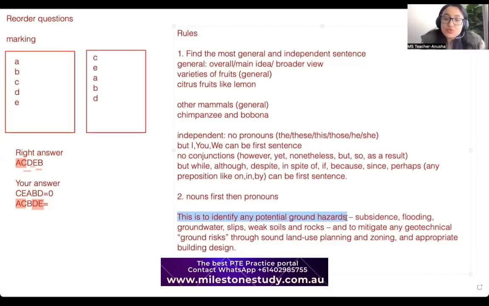Now, what is to identify any potential ground hazard? That's a pronoun. So there must be a noun coming somewhere else in another sentence, either before or after that. Okay. Now you guys tell me what they are talking about. So this is another sentence.